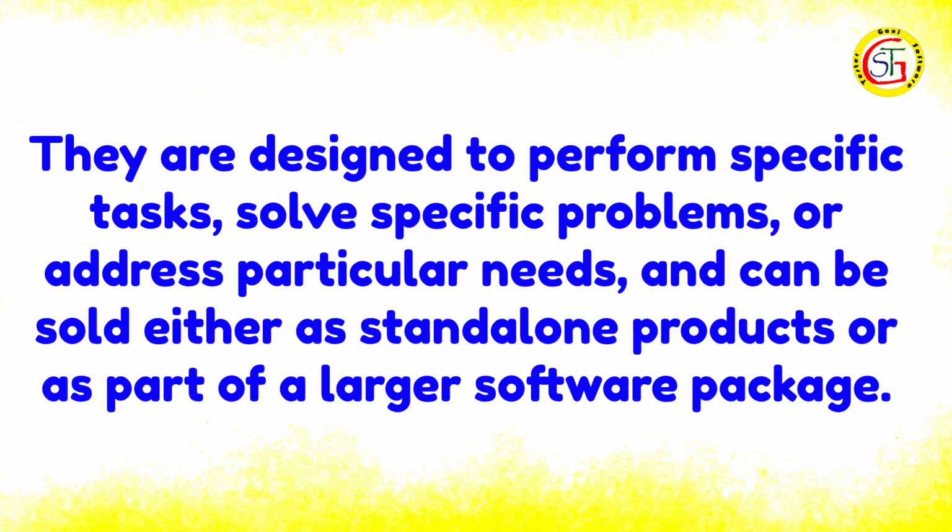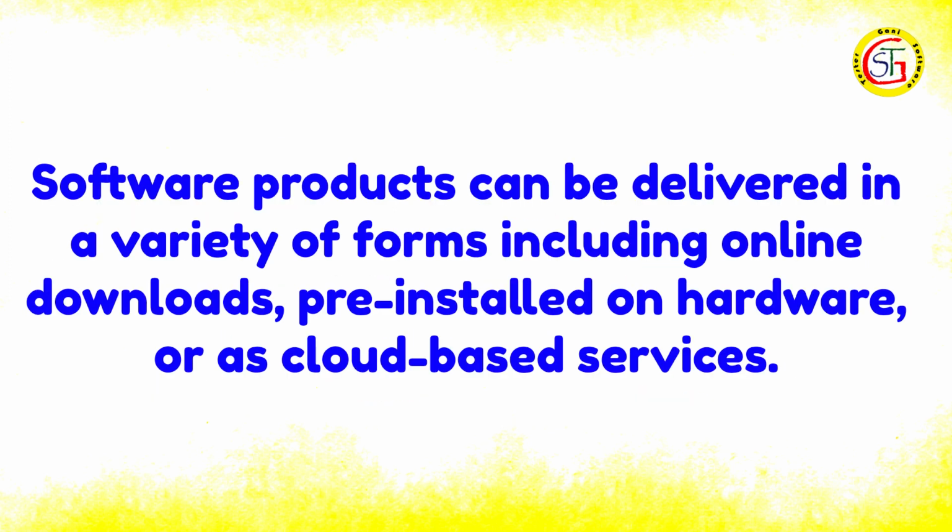They are designed to perform specific tasks, solve specific problems, or address particular needs, and can be sold either as standalone products or as part of a larger software package. Software products can be delivered in a variety of forms, including online downloads, pre-installed on hardware, or as cloud-based services.